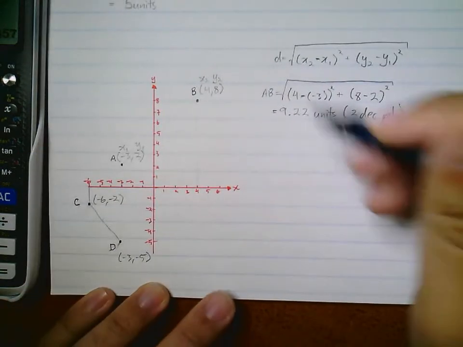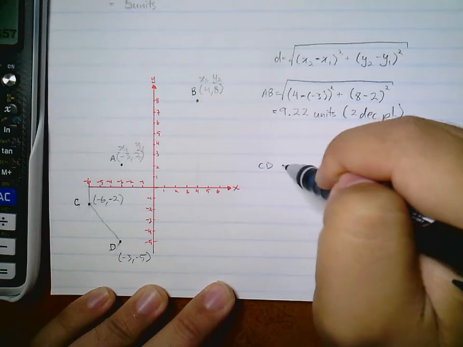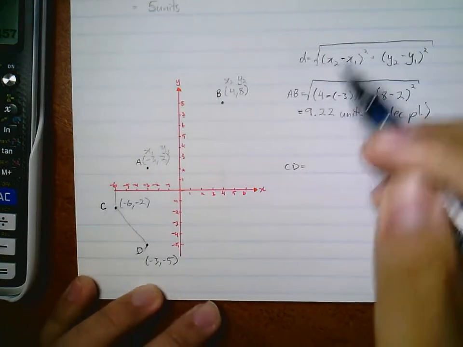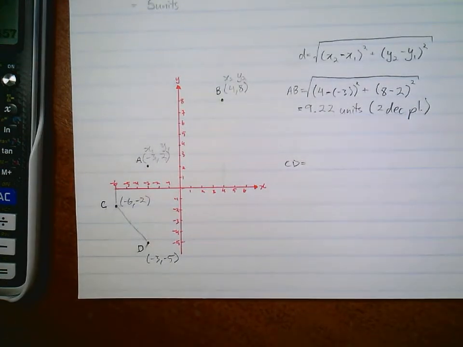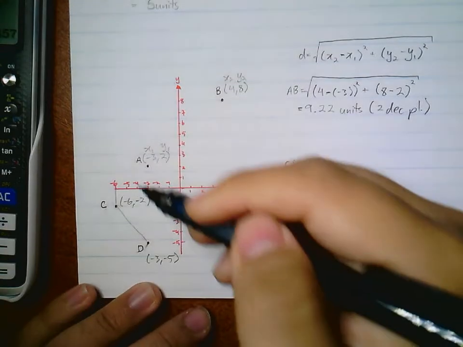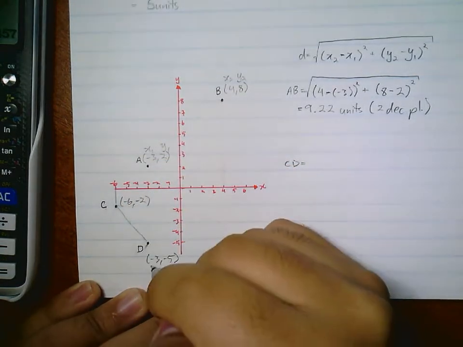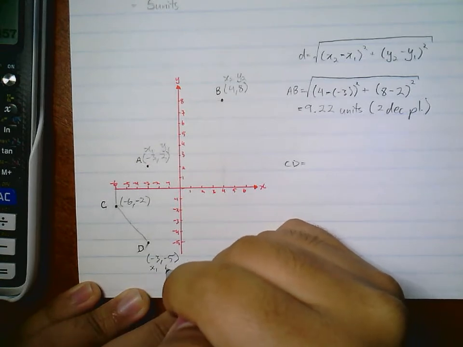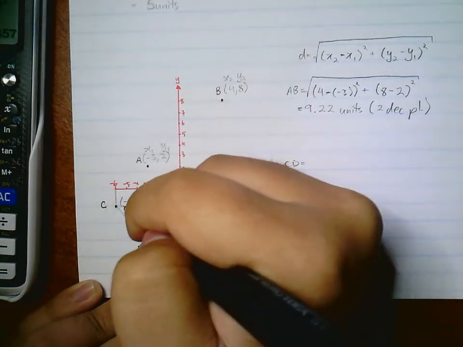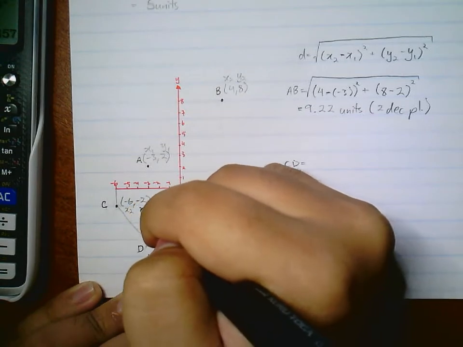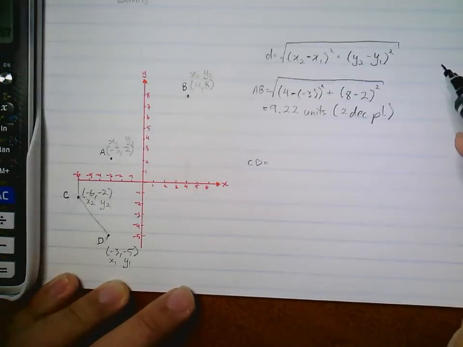There we are. So let's find the distance of CD. Now, just to prove to you that we can actually switch x1 and y1 around, I'll make this one here x1, that one y1, and I'll make this one x2 and that one y2.